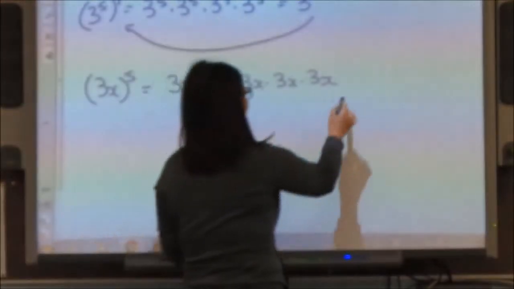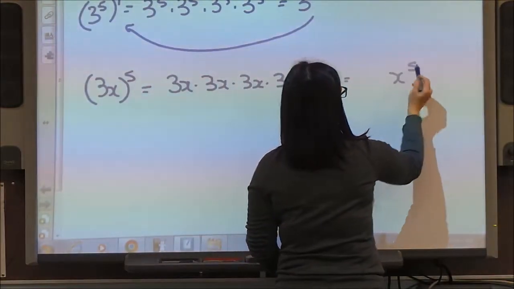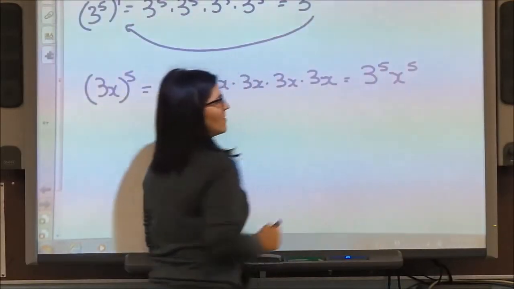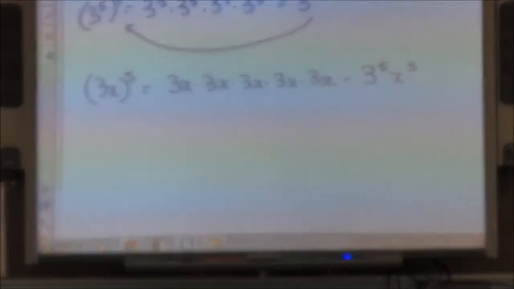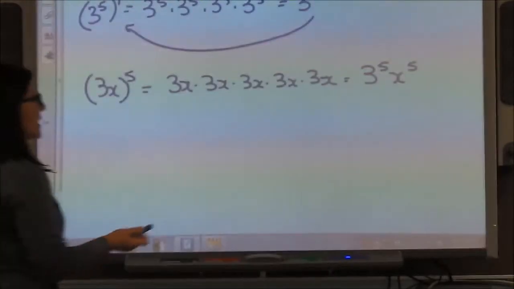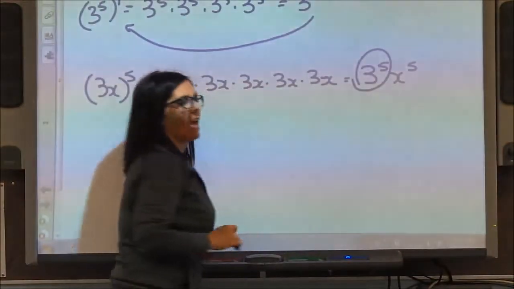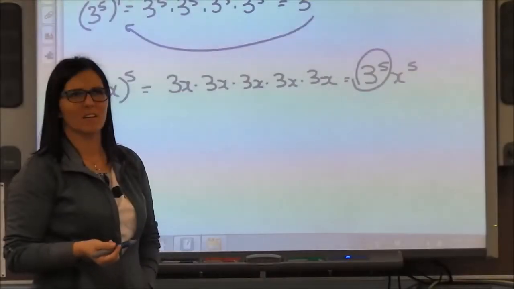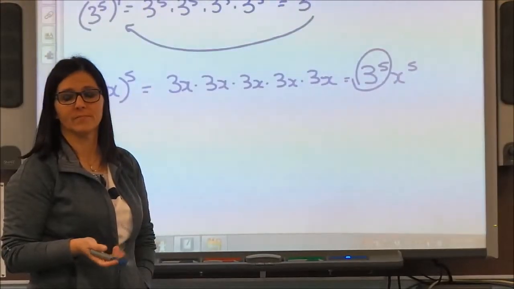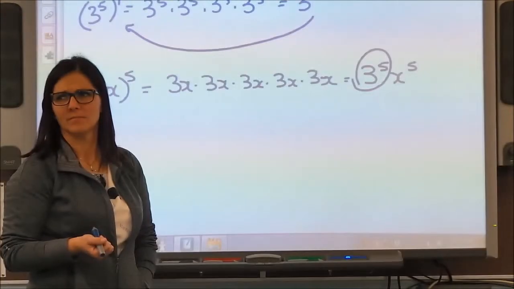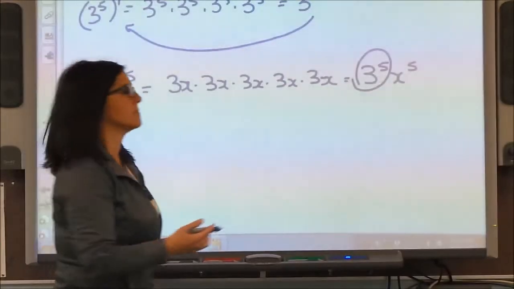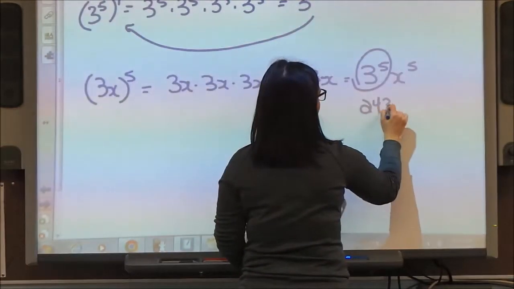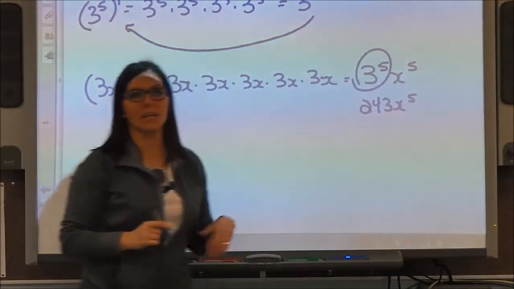So I have my x to the power of 5, but I also have the 3 to the power of 5. Typically, I would take this and I would actually simplify it. I would figure out what is 3 to the power of 5, and I can use my calculator to help me get that. I think I get, what do I get? 243? So that's how I would write it in simplified form.